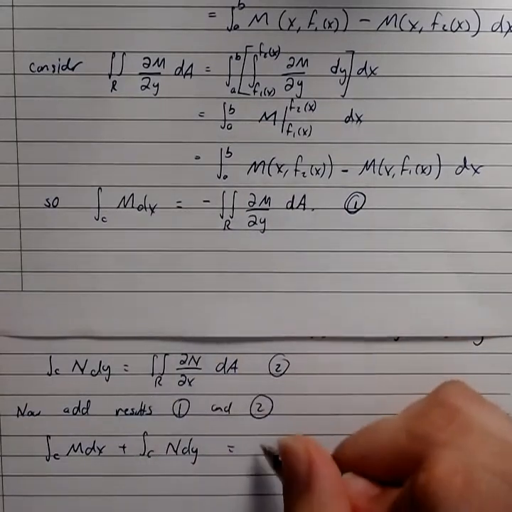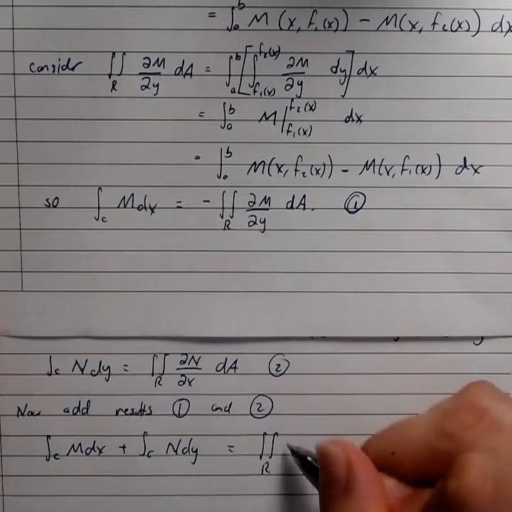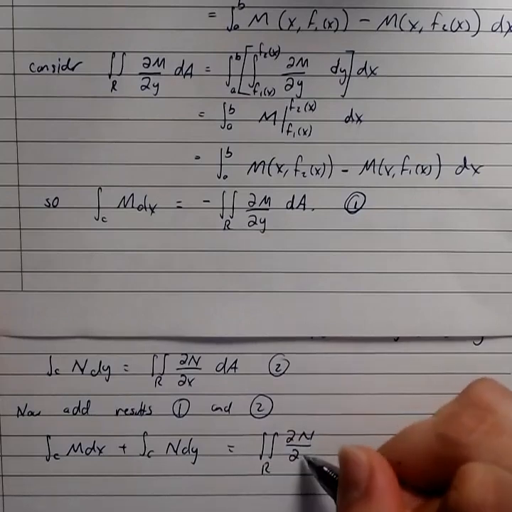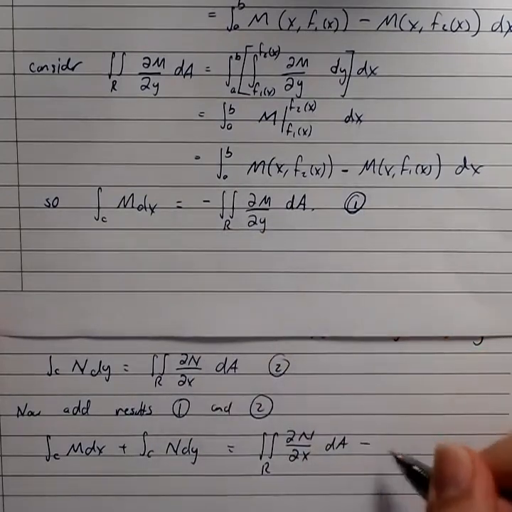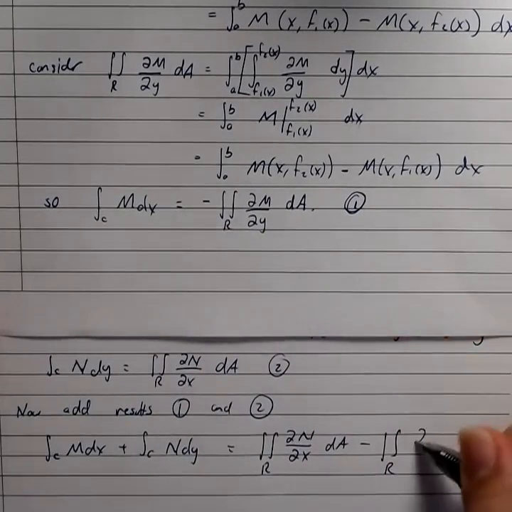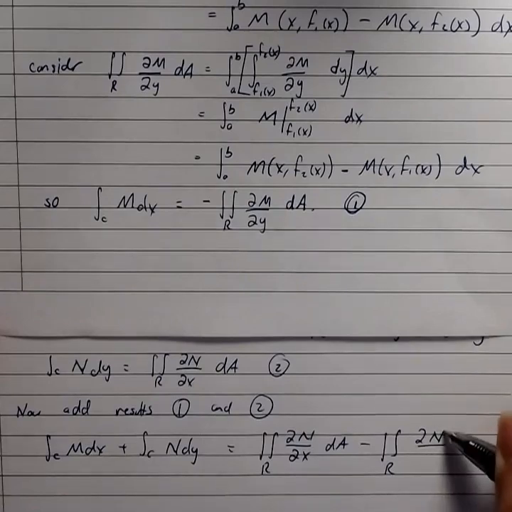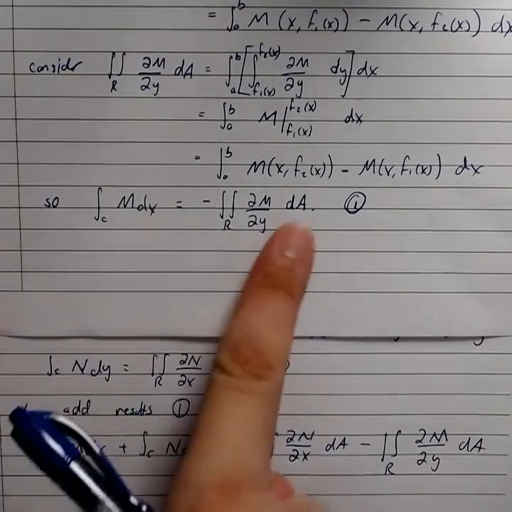I'll put the positive one first. So this will be the double integral over r of del n del x dA. And then here that's a minus, so that'll be minus the double integral over r of del m del y dA.